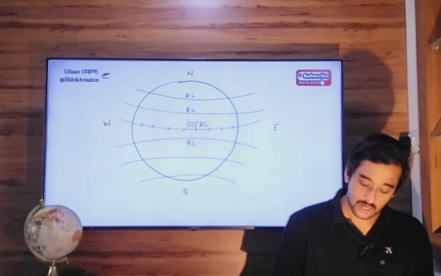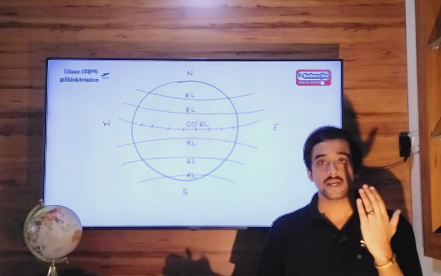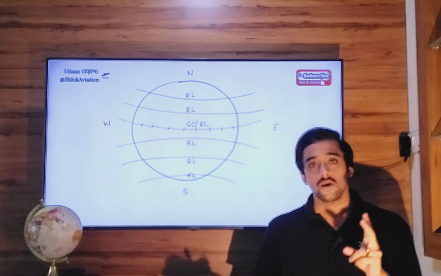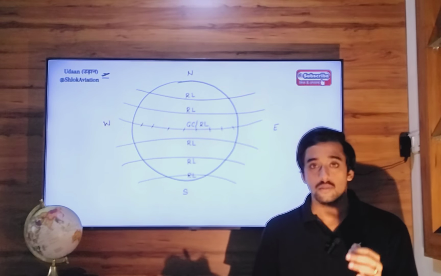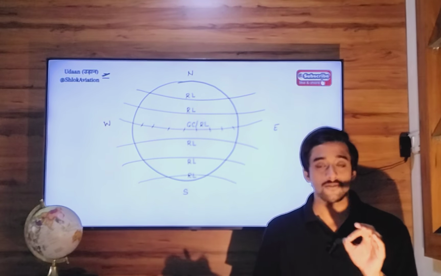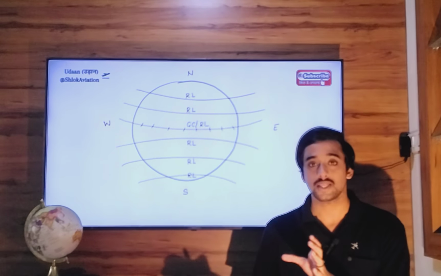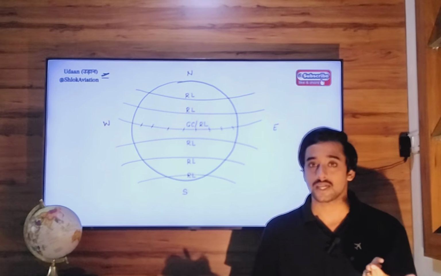All latitudes have one constant direction. They run either in the easterly direction or in the direction of west. Along with that, the equatorial latitude is also a great circle because the center of the equator is the same as the center of the Earth. That's why the equator is a great circle as well.